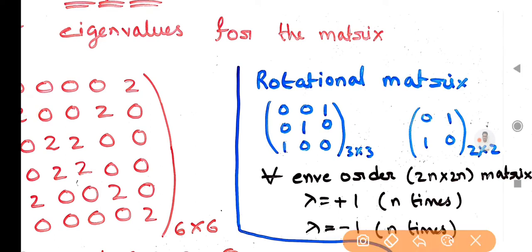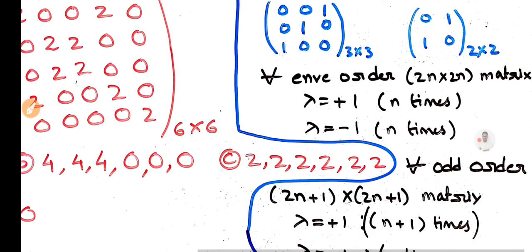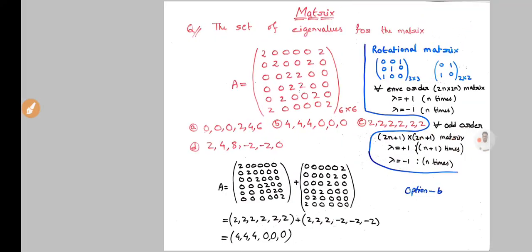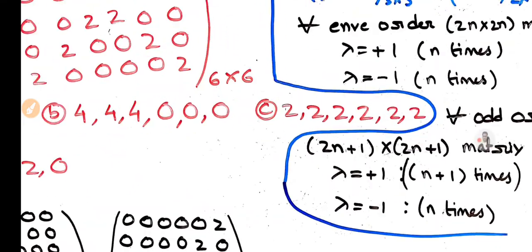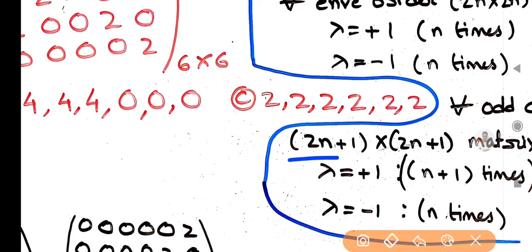Now, what happens if the matrix order is 3 cross 3 or an odd order matrix? Okay. Now, here in this case, for an odd order square matrix, that means 2n plus 1 cross 2n plus 1, lambda equals +1 for n plus 1 times and lambda equals -1 for n times.